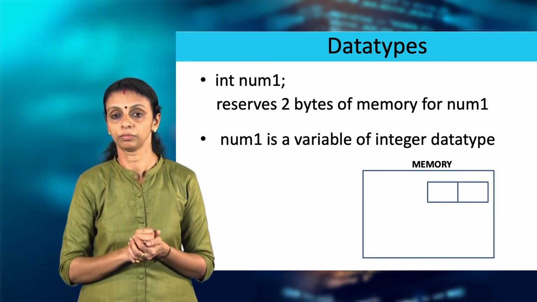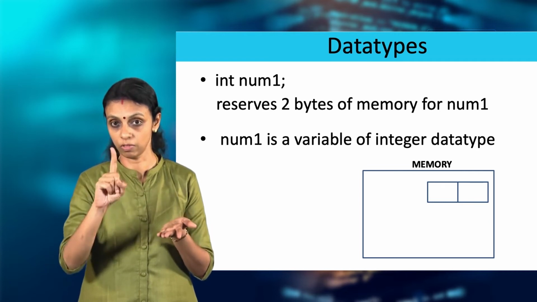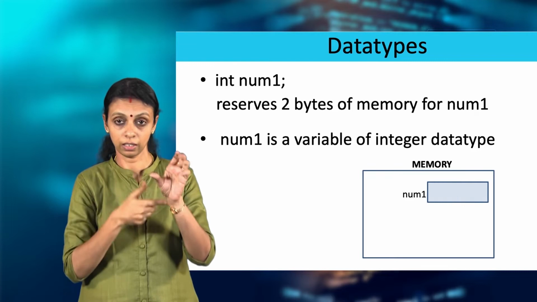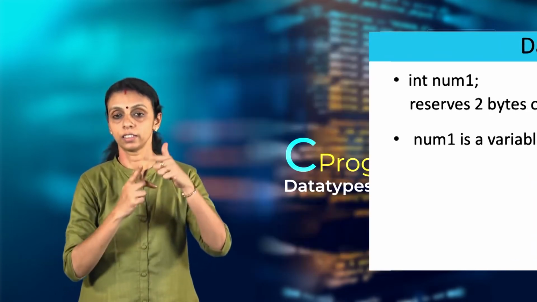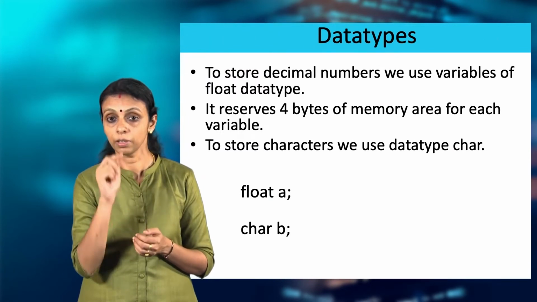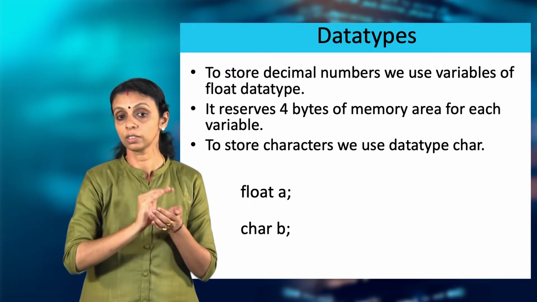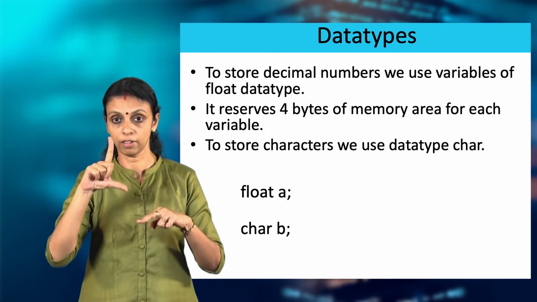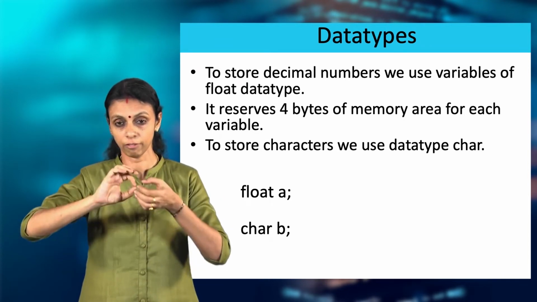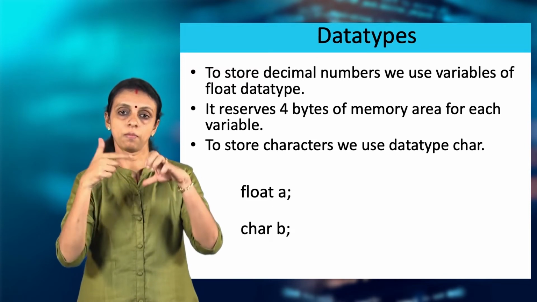So, we can say num1 is a variable of integer data type. Similarly, to store decimal numbers, we use variables of float data type. It reserves 4 bytes of memory for each variable.